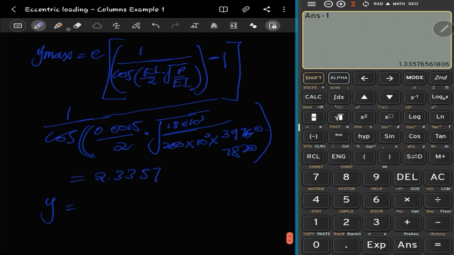Our maximum deflection will be this. So we have E, we know it to be 3. And then because we subtracted, now we have this value. So if we take 1 from it, that will give us 1.3358, approximately.